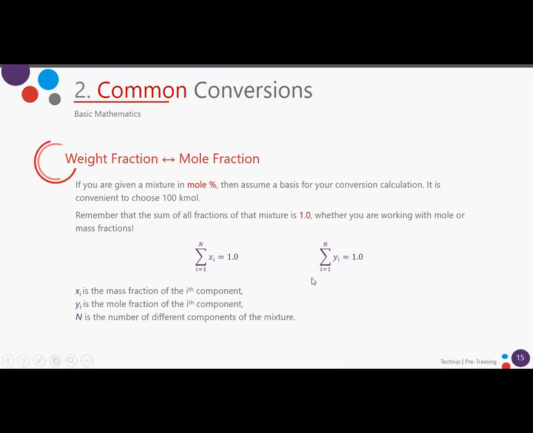The sum of the mole fractions of all components is 1 as well. So with these two assumptions, that the sums of the mass fractions and of the mole fractions are 1, and that my mixture is 100 kilomole, I can go on and convert from weight to mole fraction and the other way around.